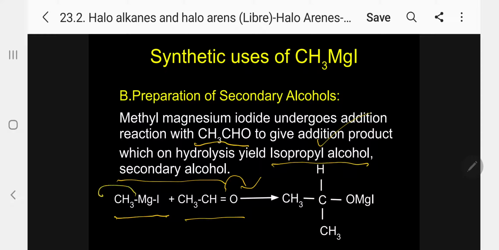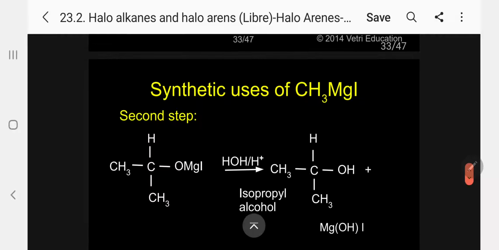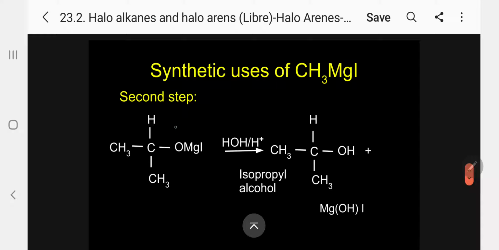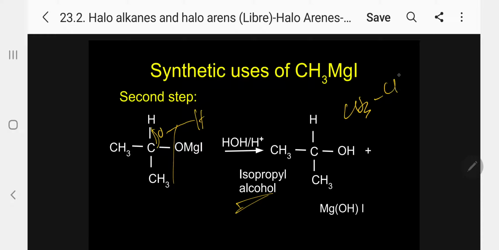This intermediate undergoes reactions as usual, producing H here. So CH3, CH, OH, CH3. This is the compound, isopropyl alcohol. This is a secondary alcohol.